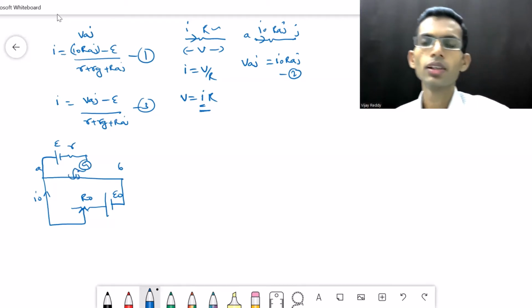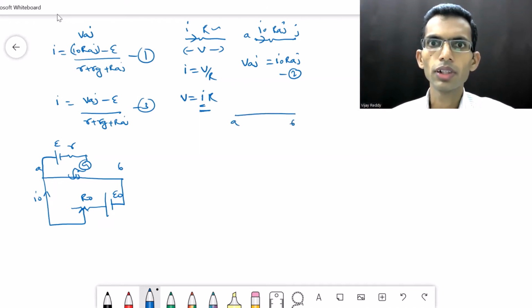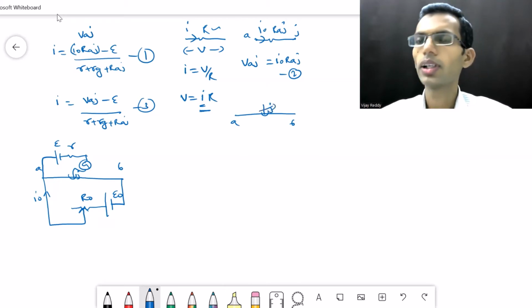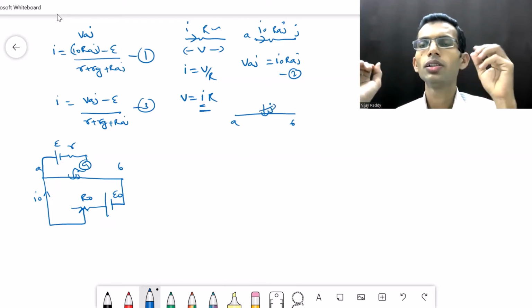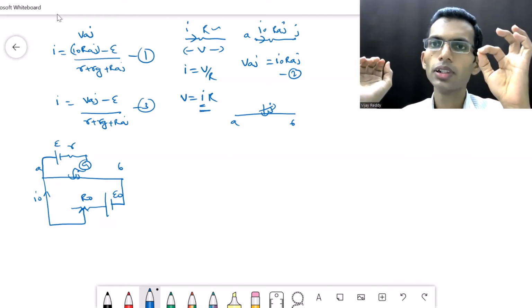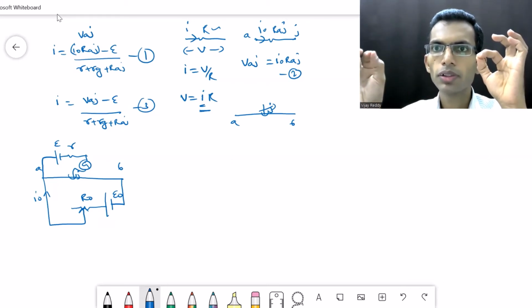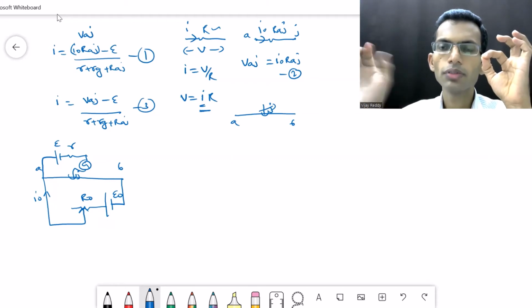Right. So when we move the moving contact on the wire AB, what happens? Let us say we are moving the moving contact J on the wire AB. The position of junction A is fixed. When we move the moving contact position, the length of the wire between junction A and the moving contact position varies.